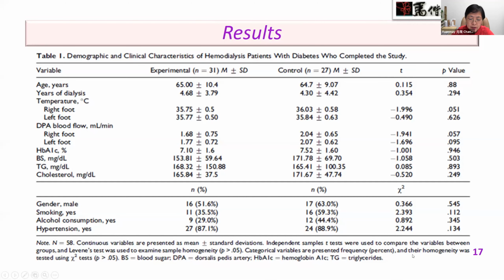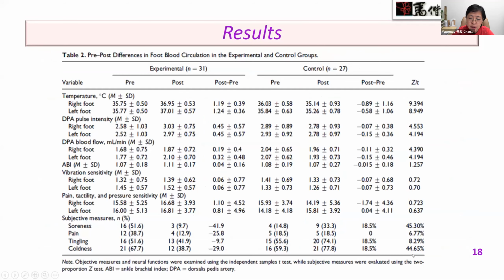To assess the patient's blood circulation in the foot at baseline and after 6 months of FIR intervention, we used the independent t-test to compare their temperature, pulse intensity, blood flow, ABI, vibration sensitivity, and patient subjective measures. We see that patient temperature, pulse intensity, and blood flow have statistical significance.